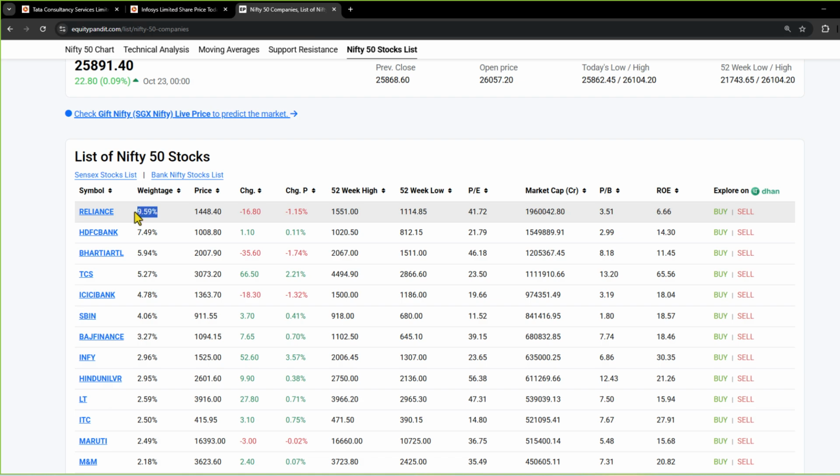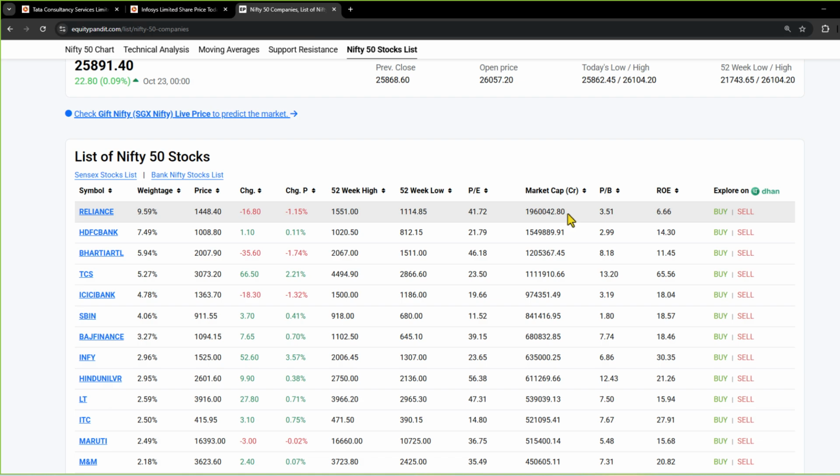Now, Reliance has highest weightage in Nifty 50 because it has the highest market capitalization and something known as high free float factor. Okay. Do not worry much about this, but know that the weightage depends on both market capitalization and free float market capitalization. Okay.